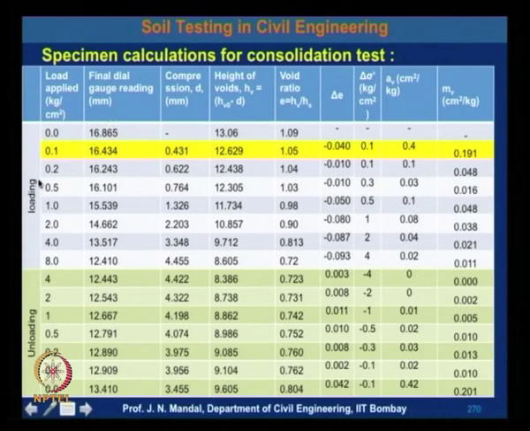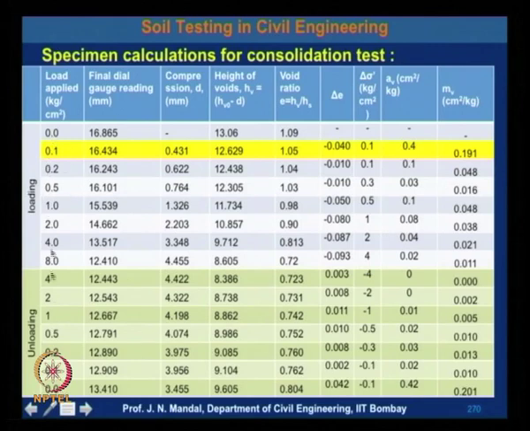So, initially you have to apply the load 0.1 kg per centimeter square up to 8 kg per centimeter square into the soil sample. Then you unload the sample, that is 4, then 2, 1, then 0.5, 0.2, 0.1 and 0.